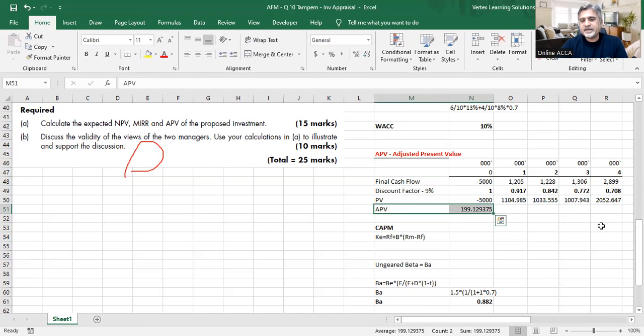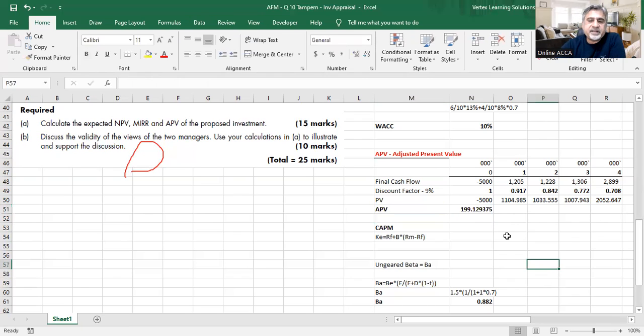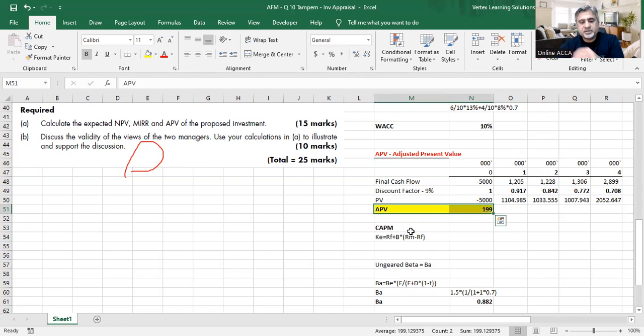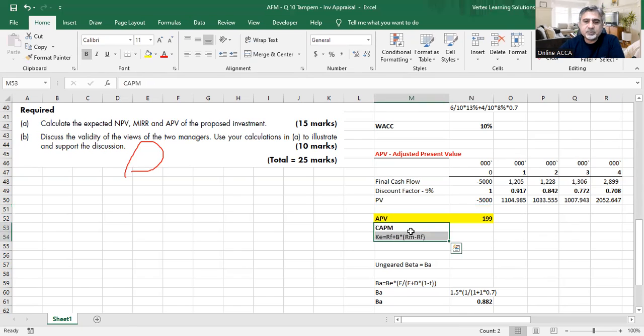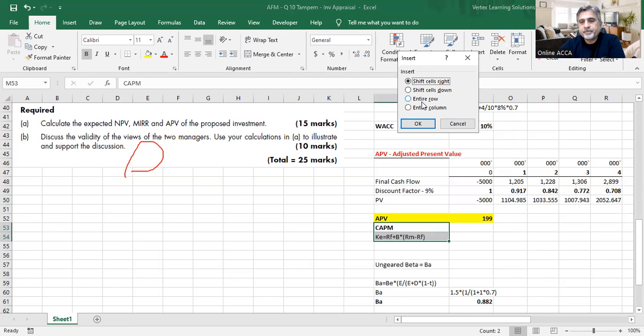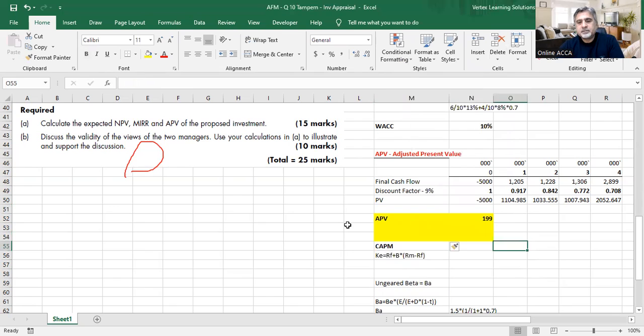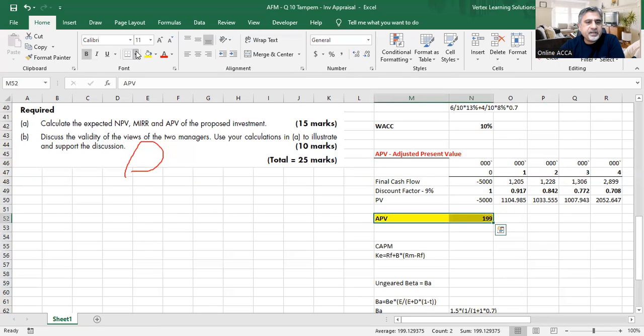That is 199,000. Now you see this time it has become a positive number. So we started with NPV. NPV was negative 399,000 or something. And my APV is positive.